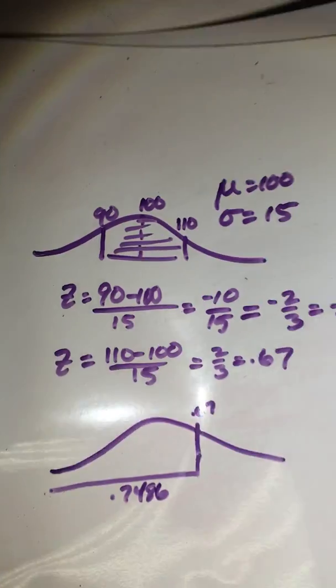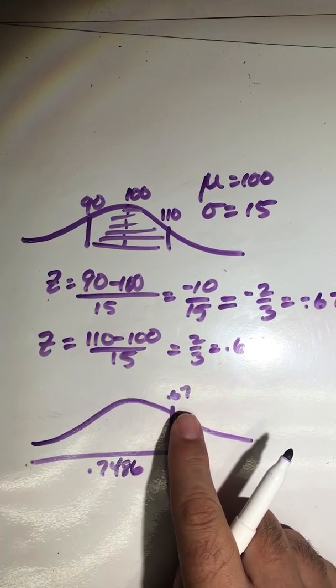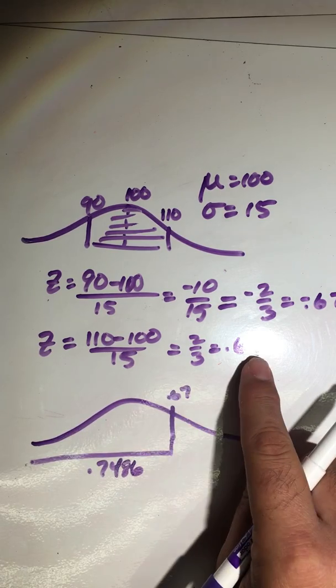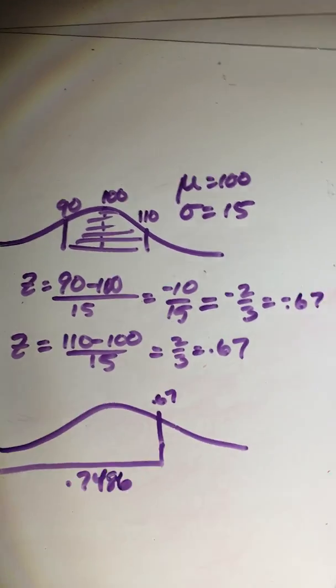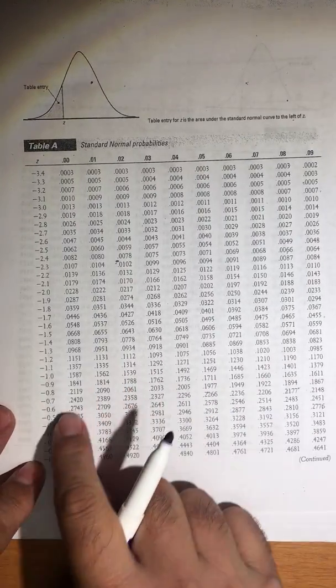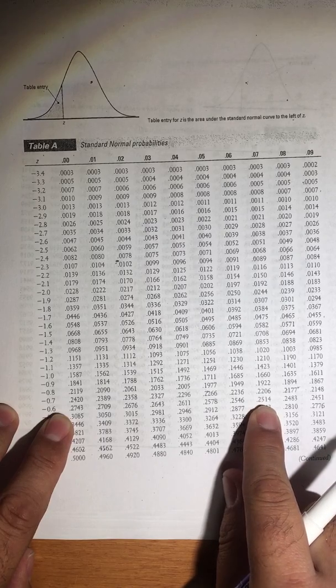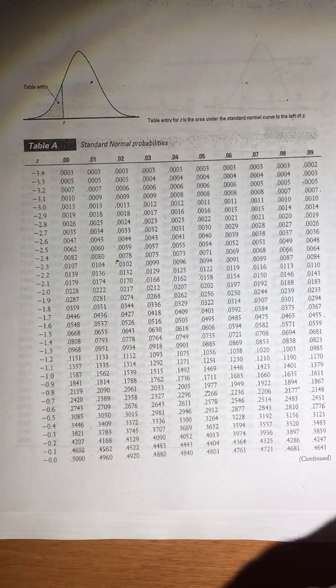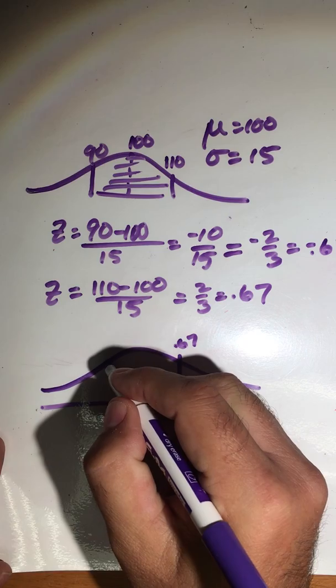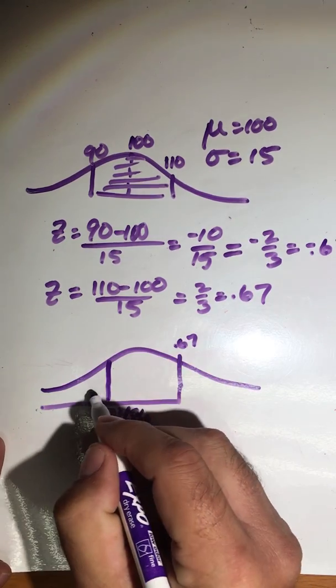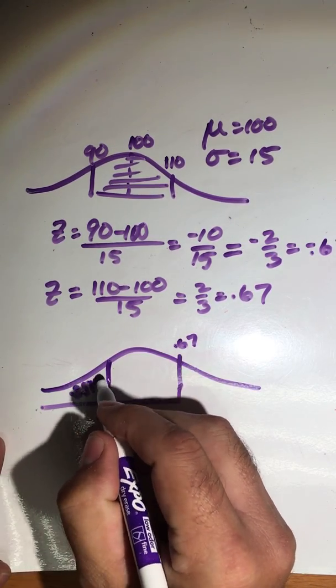But that's the percentile ranking for this 0.67, or for the 110, right? So I now need the negative 0.67. That has a percentile ranking of 25.14%, so 0.2514. So this area down here is 0.2514.